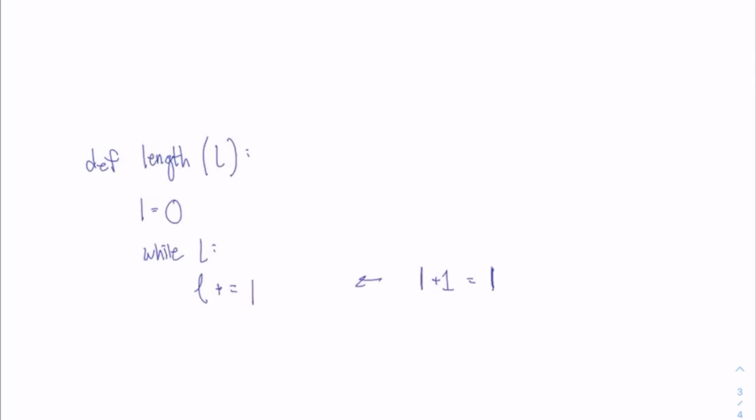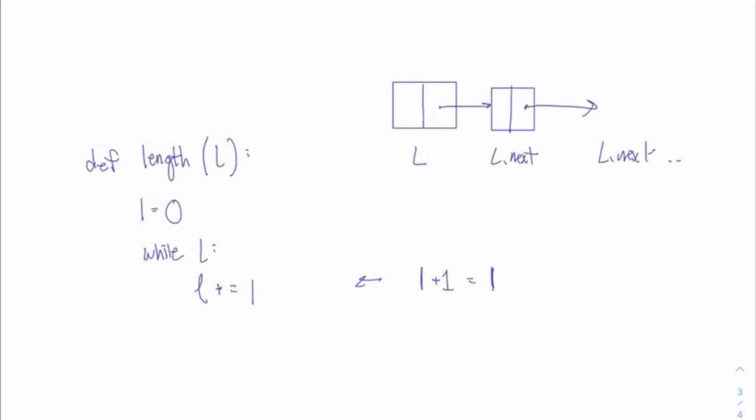In order to actually increment through a linked list, we have to iterate through. So L will become L.next, will become L.next, and so on, as we iterate through the linked list, and lowercase l will equal 1, 2, and 3, dot, dot, dot.